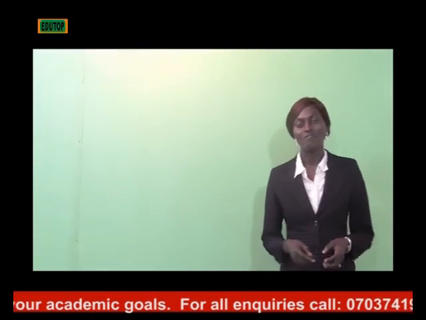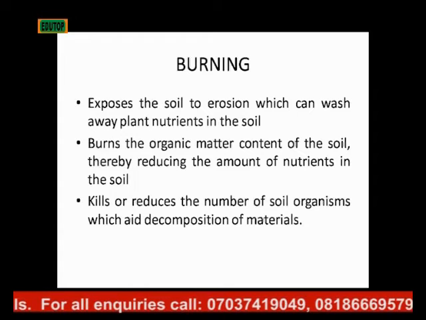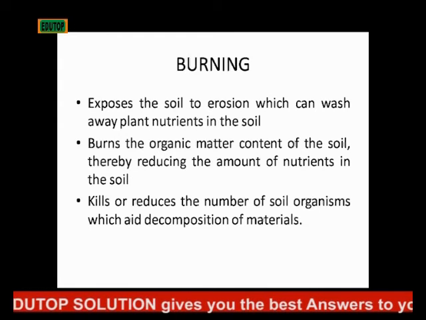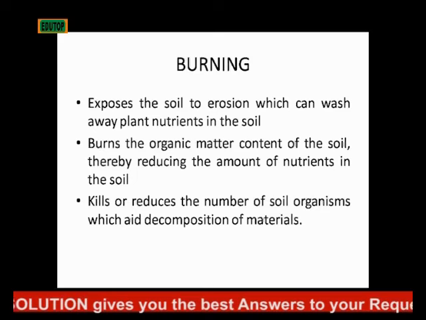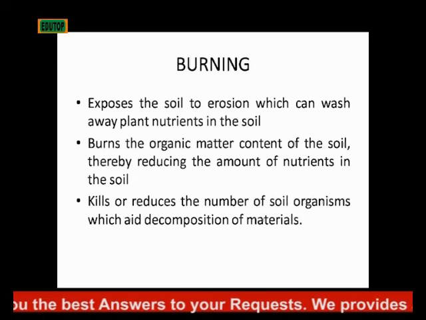Now, another factor that affects availability of nutrients is burning. Burning exposes your soil to erosion. That act of applying fire has exposed your soil to erosion, which can wash away plant nutrients in the soil. Then, the organic matter in the soil can also be burnt off, thereby you reduce the amount of nutrients in your soil.